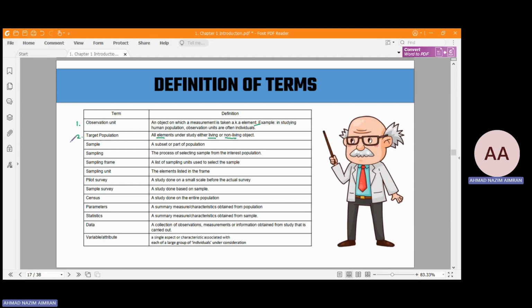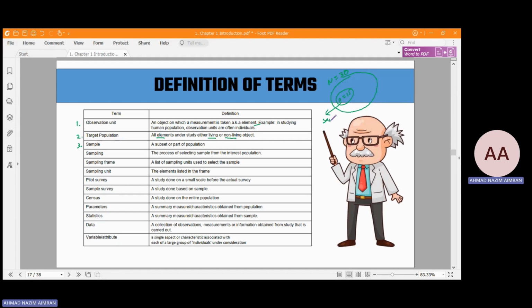Number 3 is sample. A sample is a subset or a part of a population. So let's say I draw here, and this is your population. For example, in this class we have n equal to 30 students, and as a researcher you only want a smaller sample, a part of the population.